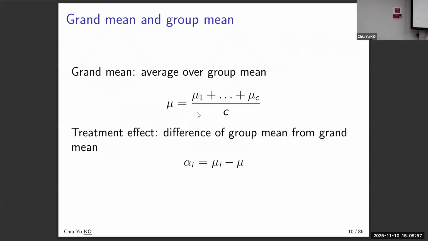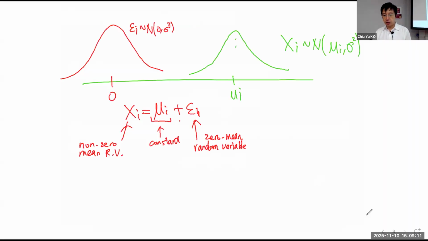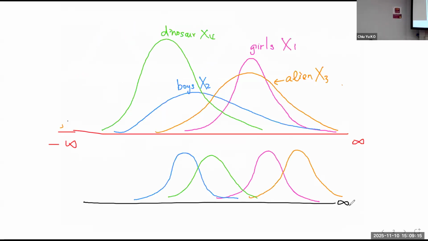So now bear with me, we have some definitions. First is the grand mean, which is mu1 plus up to mu c, over c. What does that mean? Remember, what is the meaning of mean? Mean is where you go to the left, go to the right, and it turns out the same. So what is the grand mean over there? The grand mean will be somewhere here.